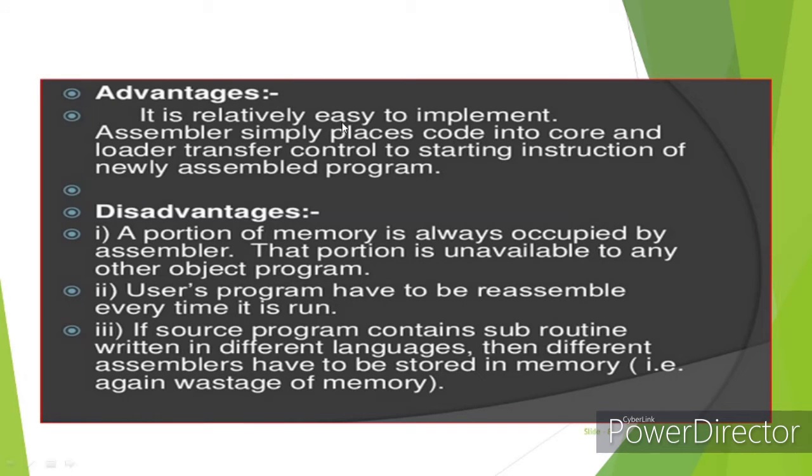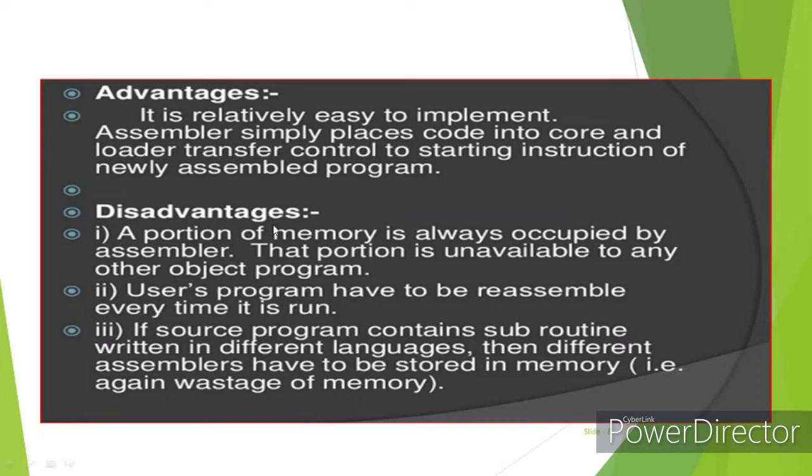The advantage of this type of loader is that it is relatively easy to implement, because the assembler is placed elsewhere in memory and the compiler is placed in another location.